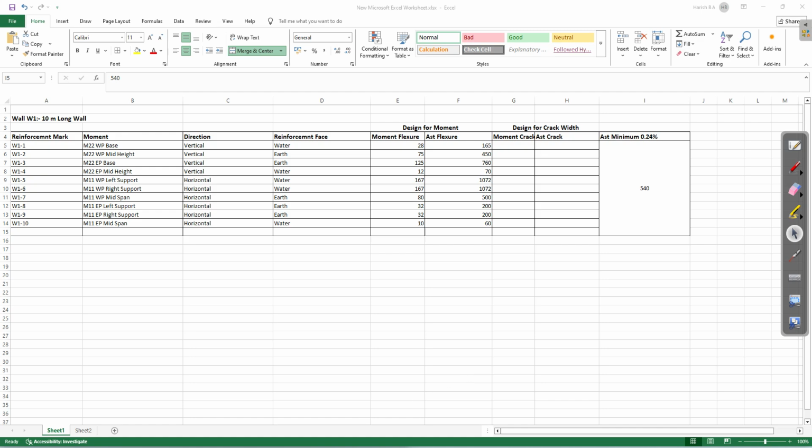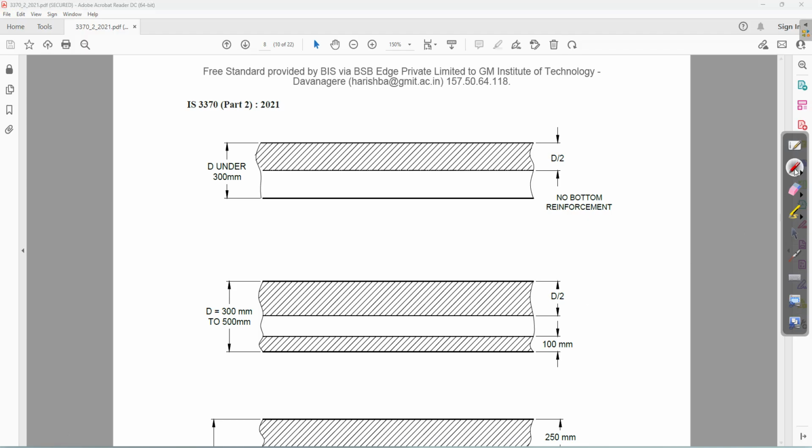So if you refer the clause, figure 1 is for walls and suspended slab.